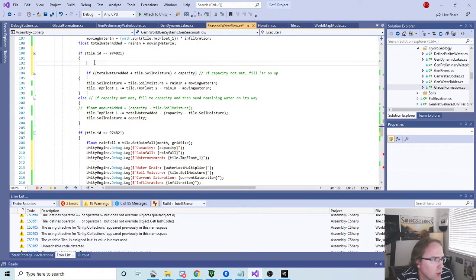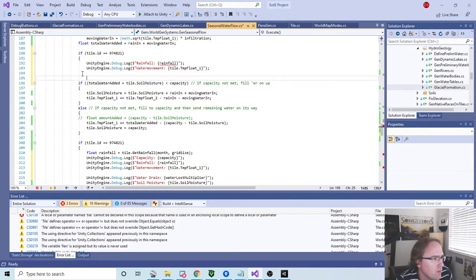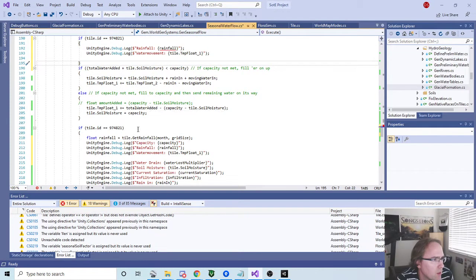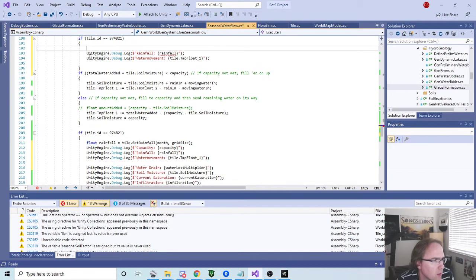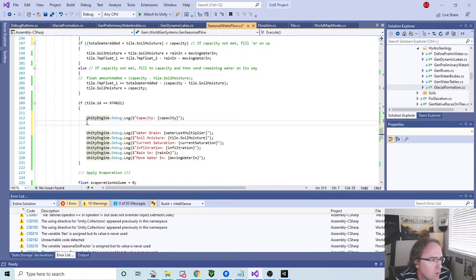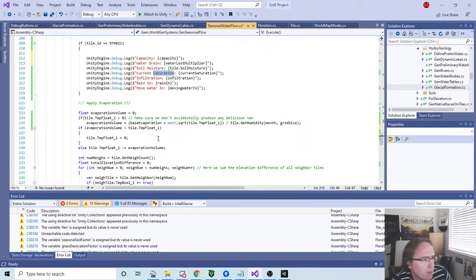So all of our sources up here: moisture, current saturation, infiltration. Oh yeah, evaporation.